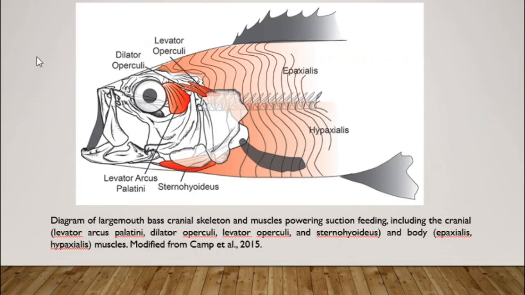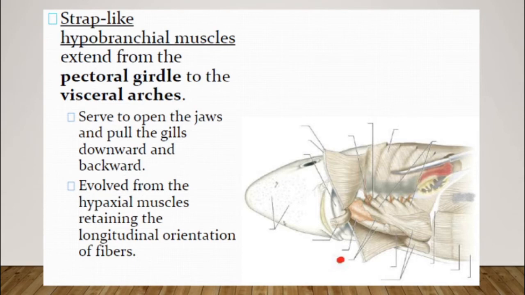In another diagram, near the fish head, they already have the dilator operculi attached near the eyes, and the levator operculi. These are the muscles near the mouth. We have the epaxialis, another term for epaxial muscle, and the hypaxialis.